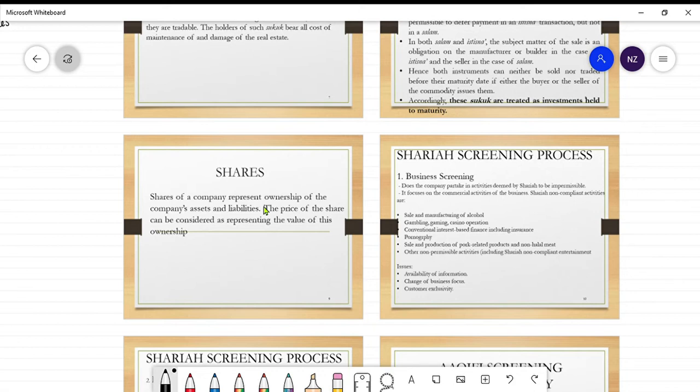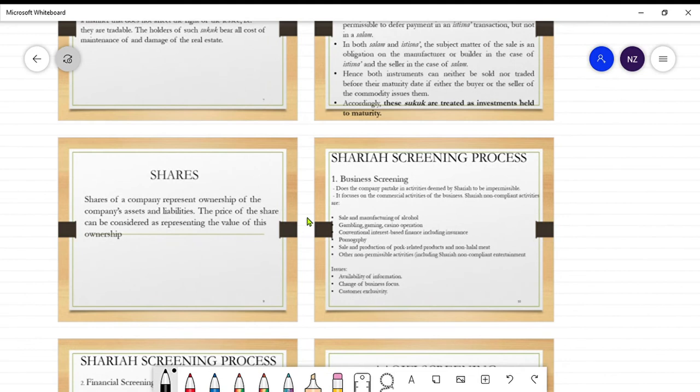And bila someone acquired that shares, meaning that that investor ada ownership in the company's asset and liability. And the price of the asset is depending on the market price or the stock price yang in the market lah.